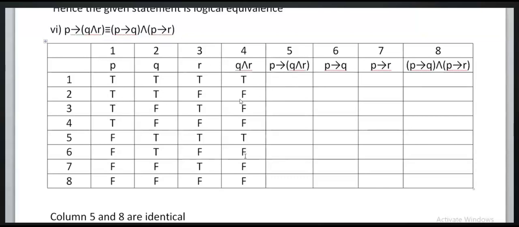T implies F is F. T implies F is F. F implies T, it is true. F implies F, therefore it is true. Same.